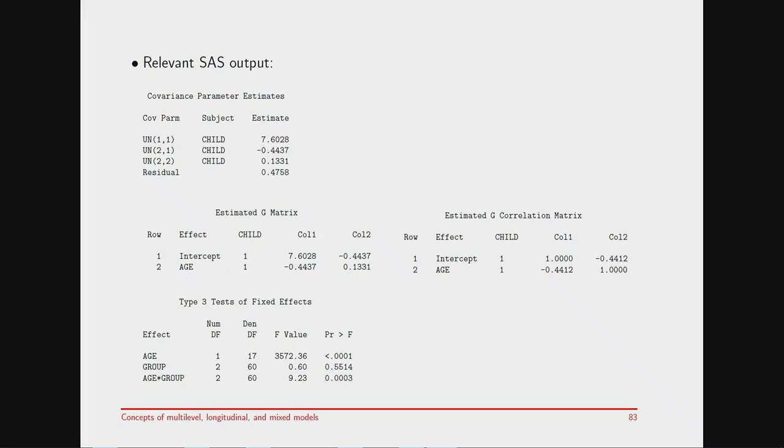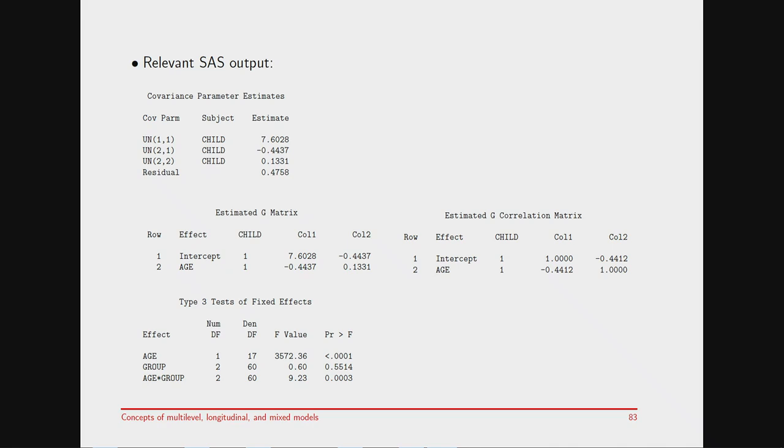And this is what I was referring to. So the traditional output looks like this. In the covariance parameter estimates, before we had the variability between the clusters and the variability within the clusters, now we get 4 parameter estimates. The UN, which refers to the UN option for D: the 1,1 element, the 2,1 element, and the 2,2 element.